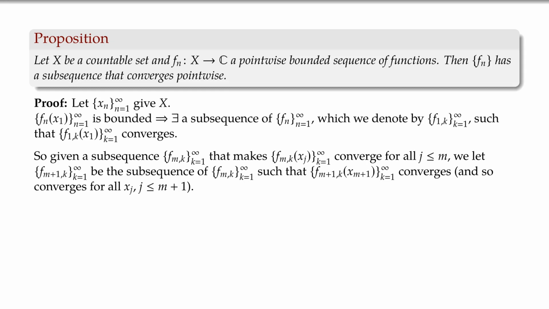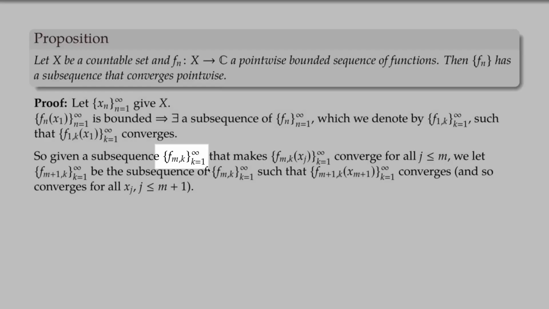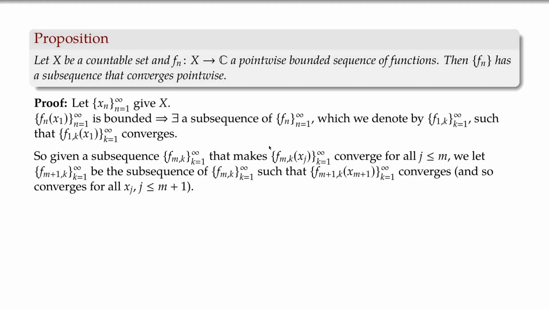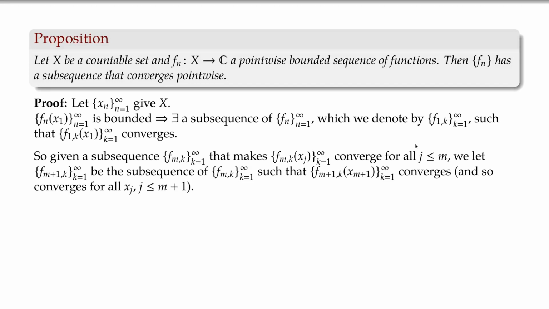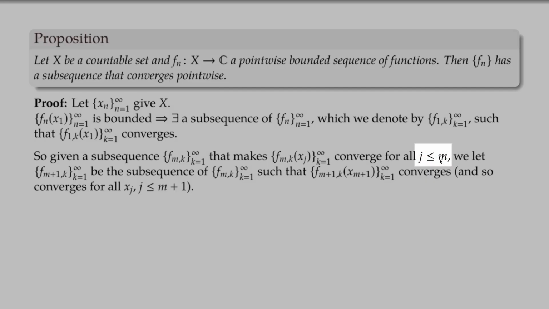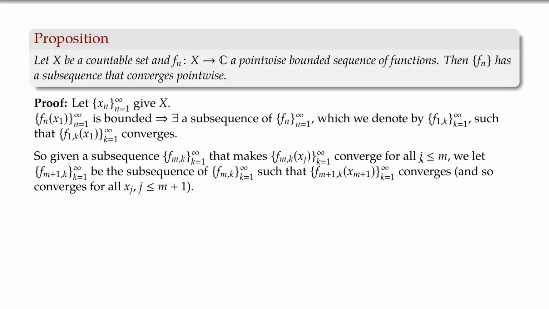Suppose we've gotten through the mth step, and we have a given subsequence, which is always a subsequence of the previous subsequence, that converges on all the xj for j less than or equal to m.